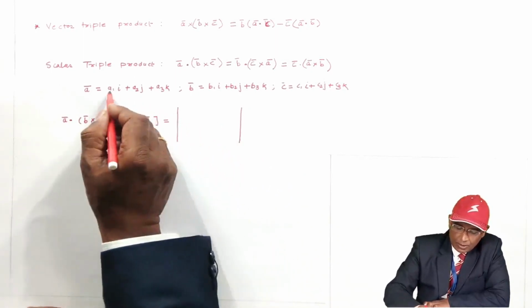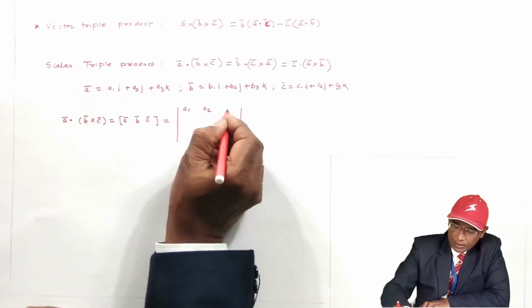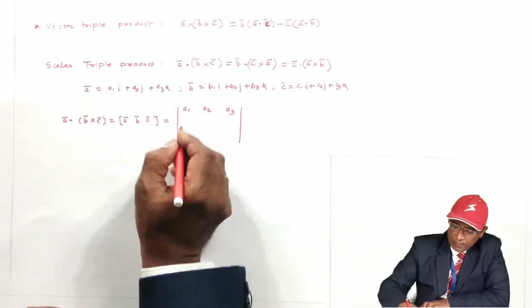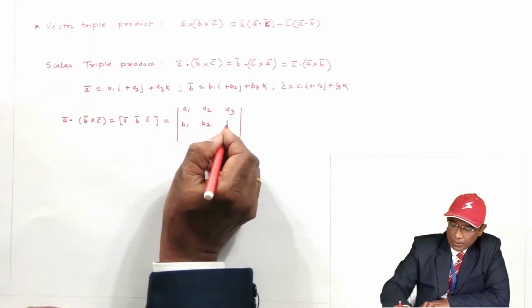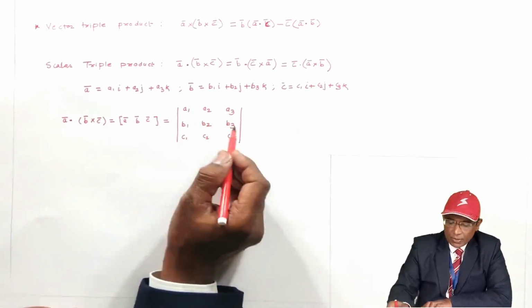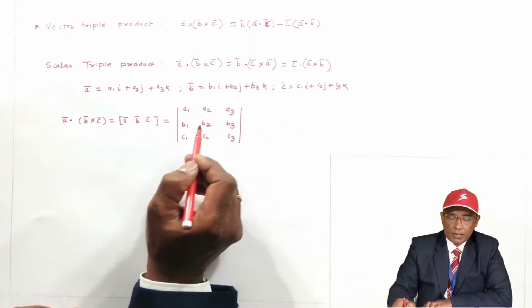Using a determinant: the coefficients of ijk from A bar first, then B bar, and then the coefficients of ijk from C bar. In this way you can find the scalar triple product of three vectors.